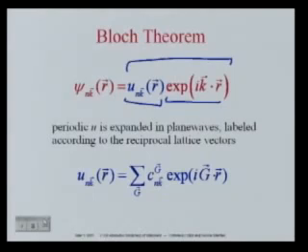The periodic part is going to be smooth. Again, we don't have any more core electrons, so close to the nuclei, it will look just like 1s, 2s, 2p orbitals. And that periodic part can be expanded in a set of plane waves that need to satisfy the periodic boundary condition of our system.